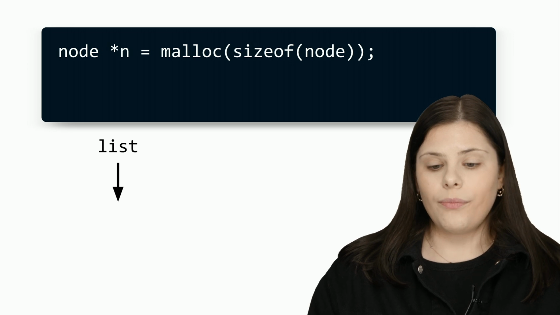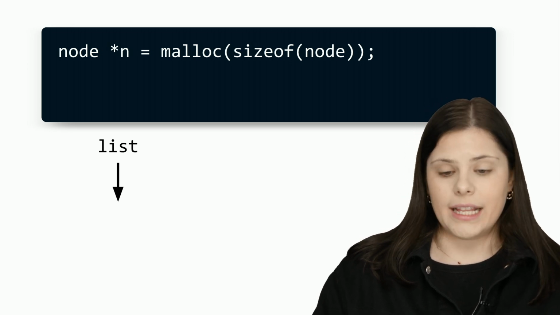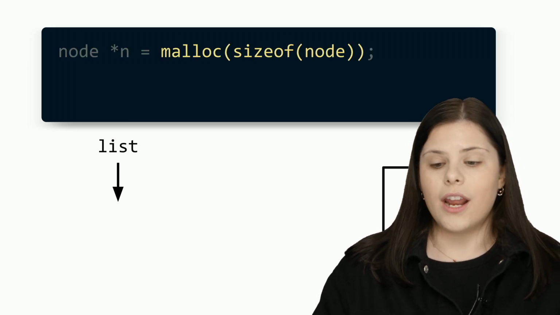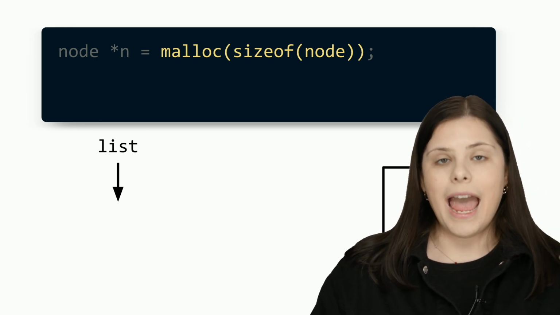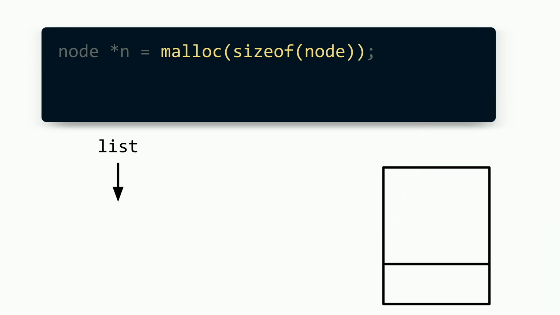Since we've already defined the struct node, we can use this line of code to create this empty box that will be our first node so far. And since we are using a pointer to store the address of this node, we will have variable n that is pointing to that element of the list.